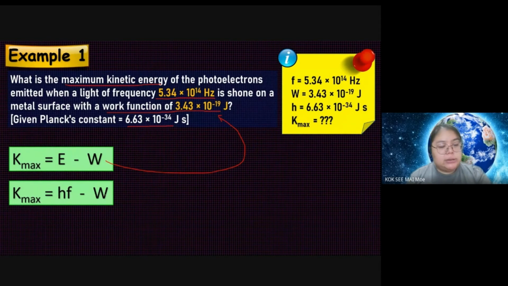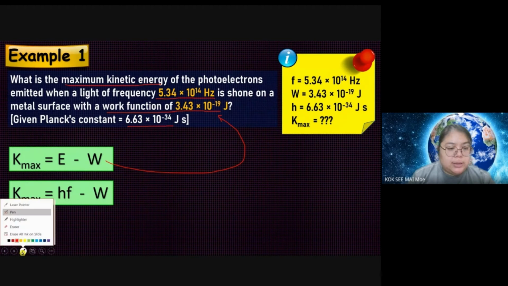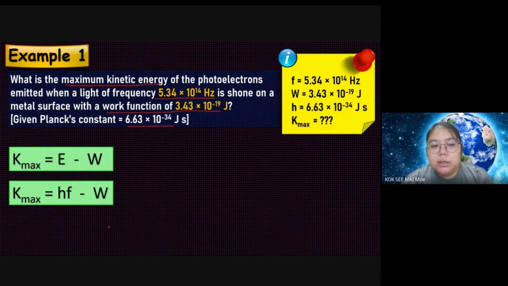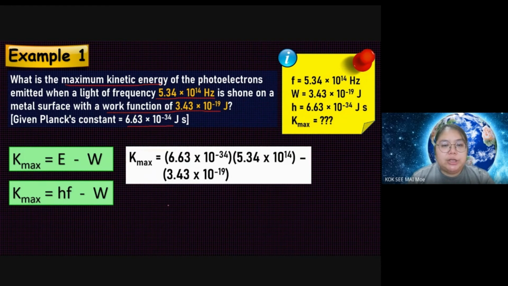So from here, I want the answer from the students. What is K max now? Okay, kinetic energy maximum. Okay, give me the answer, please. Just press your calculator. Okay, Jaya, give me 1.104 times 10 power of negative 20. Okay, we're going to show the calculations. Remember, when you press the calculator, 6.63 times 10 to the negative 34, times 5.34 times 10 to the 14, equal first.